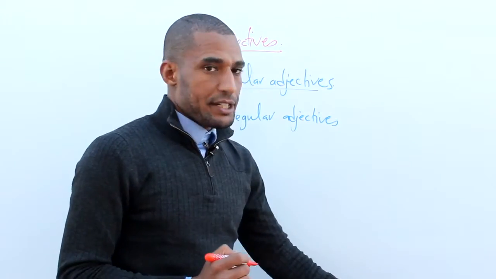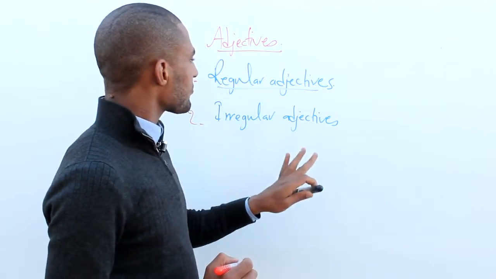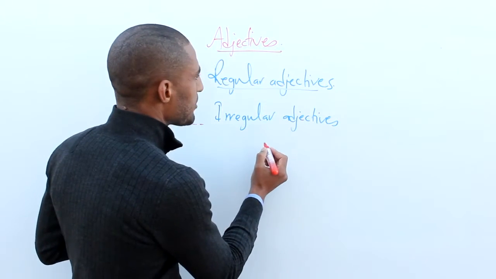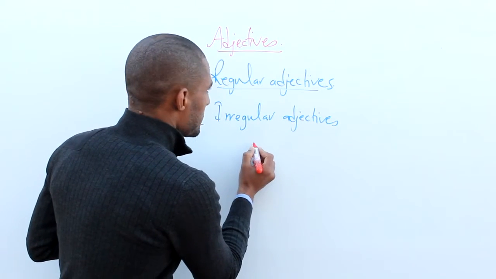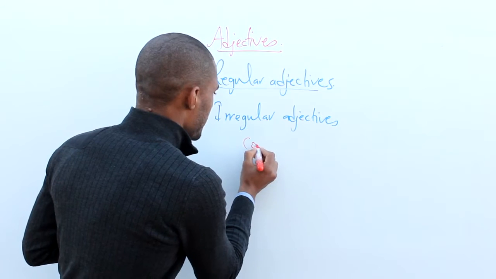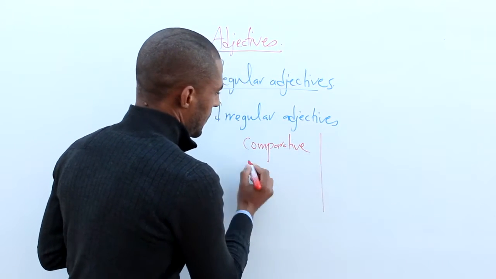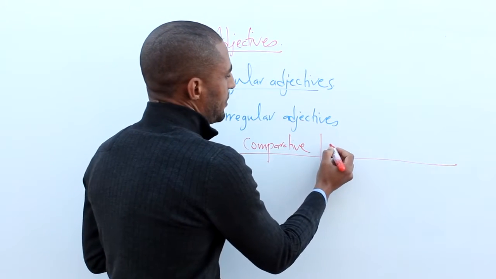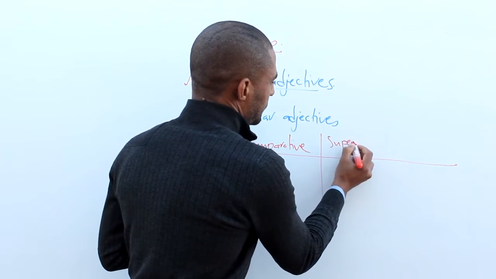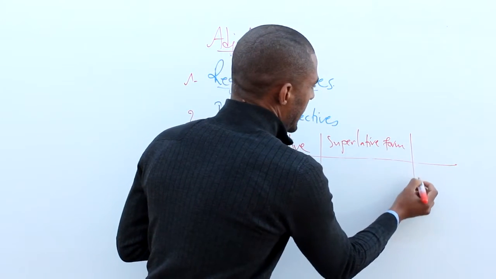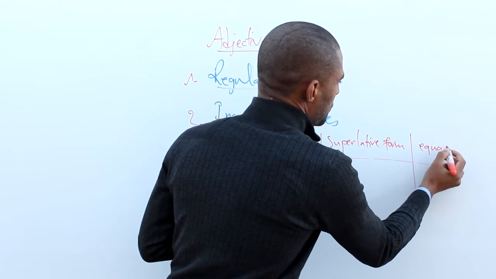So we have to bear in mind that adjectives can take three basic forms. We got the comparative, let's put it here. We got the comparative form, and we have the superlative form, and the last one is the equatives or equality.